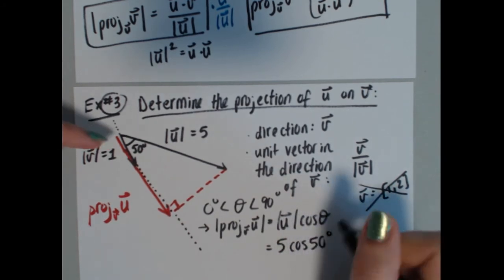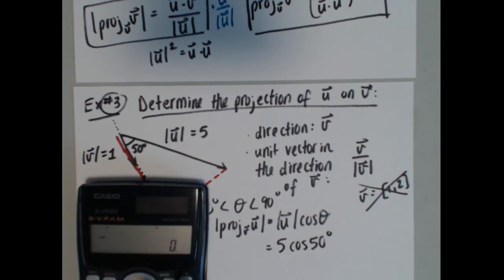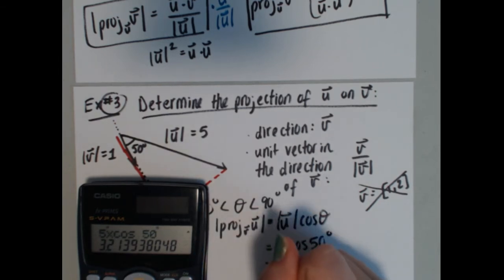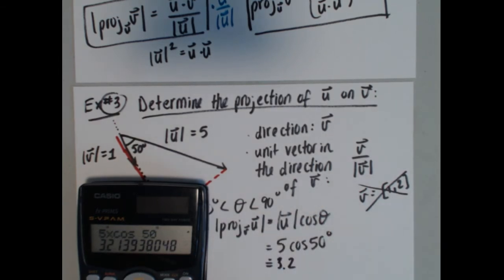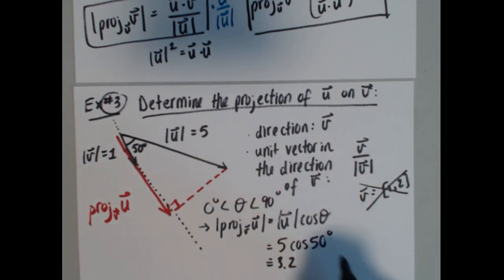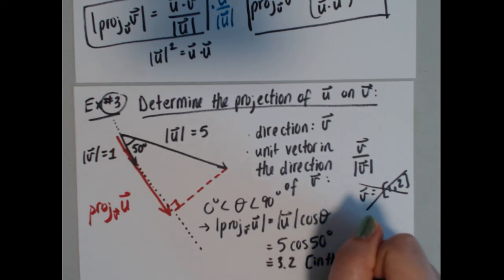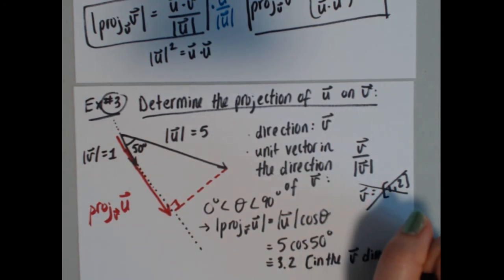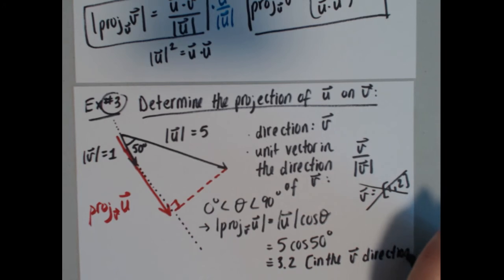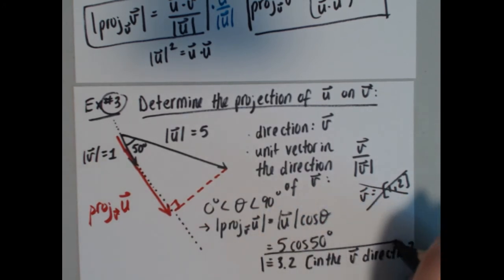So 5 cosine of 50 degrees, grab your calculator. 5 times cosine 50, we have 3.2 approximately. And like I said, since we don't have an actual vector to give the direction, we're just going to say in the v direction, or in the direction of v. So that is the answer here.